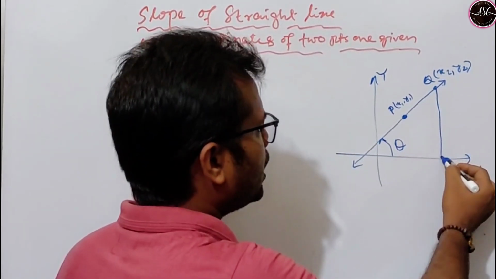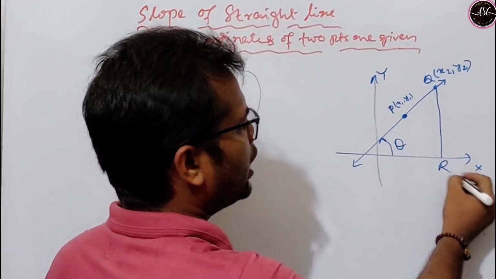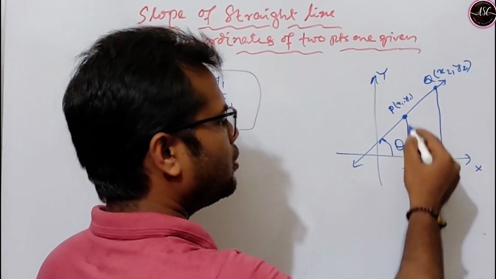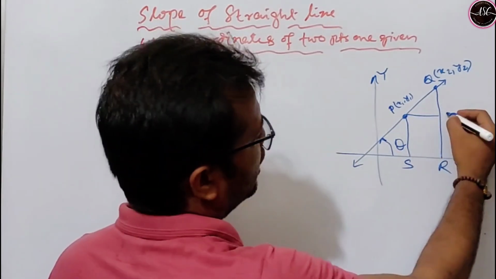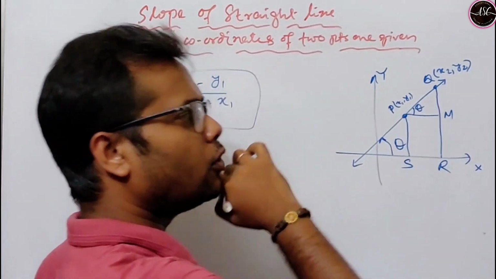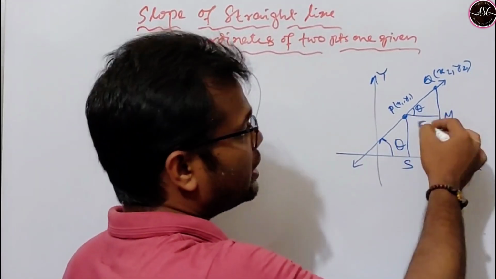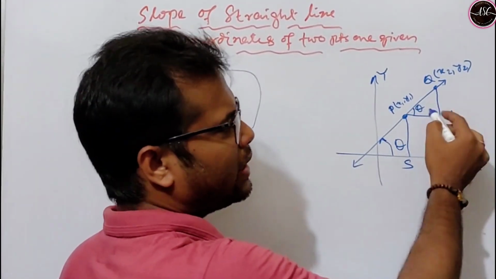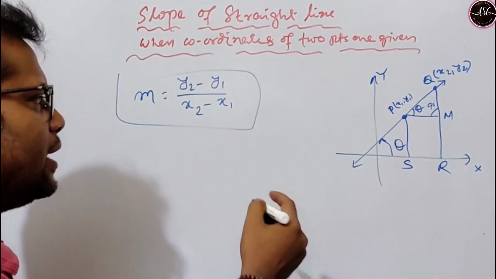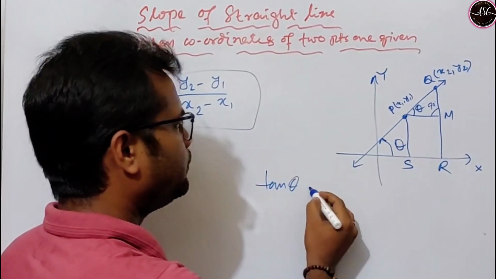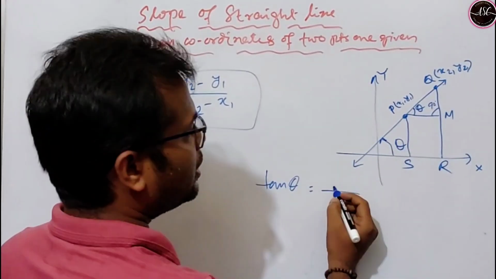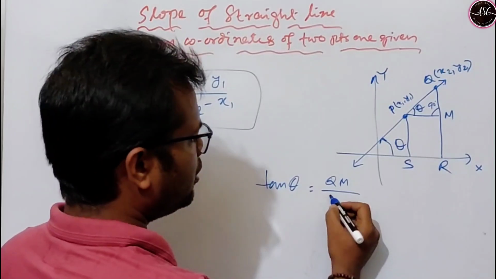Just think, if we draw a perpendicular QR on the x-axis and PS on the x-axis, then here also draw a perpendicular PM. Then this angle should be theta. So this is a right angle triangle. This is 90. So tan theta equals perpendicular by base, that means QM divided by PM.